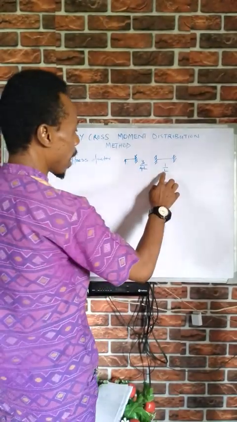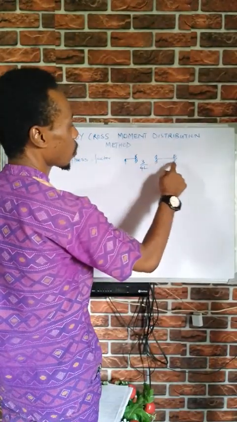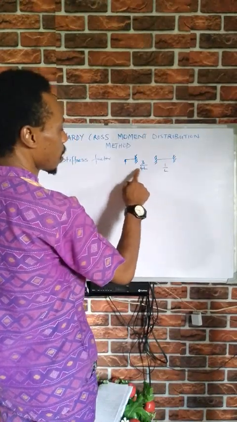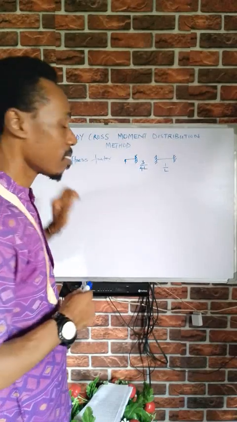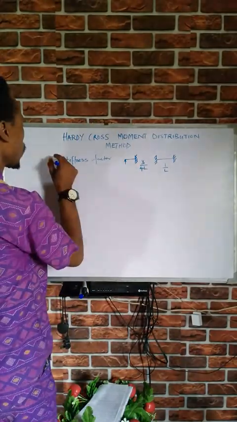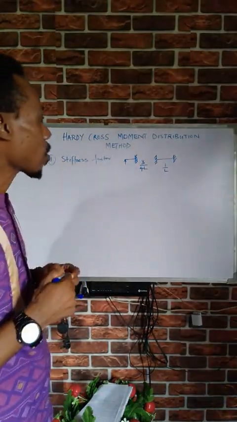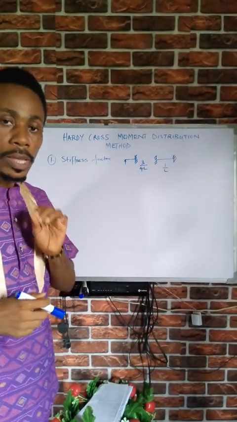And you know our L is the distance between this support and this support. The same thing, this L is the distance between this support and this support. So that is the stiffness factor when we are talking about the Hardy-Cross moment distribution method.